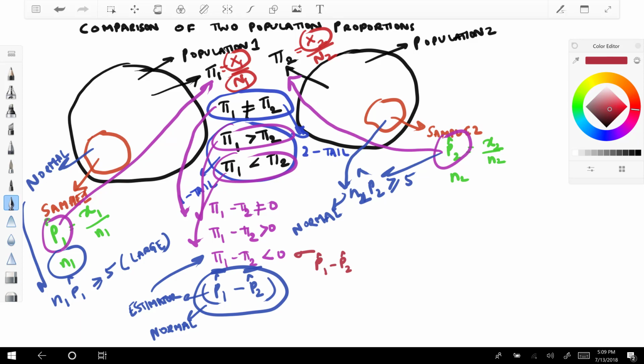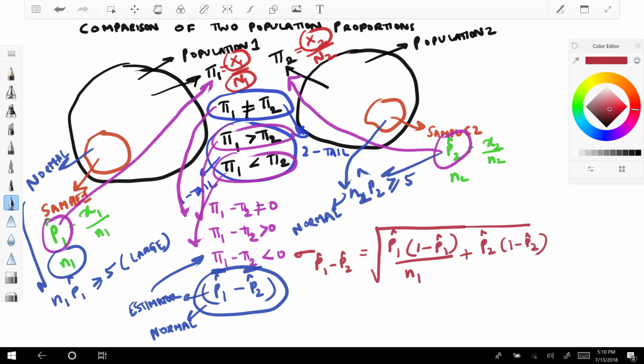So that's the standard deviation of the difference of the proportions, and it is represented by the formula square root of P1 hat times 1 minus P1 hat divided by N1, plus P2 hat times 1 minus P2 hat divided by N2.